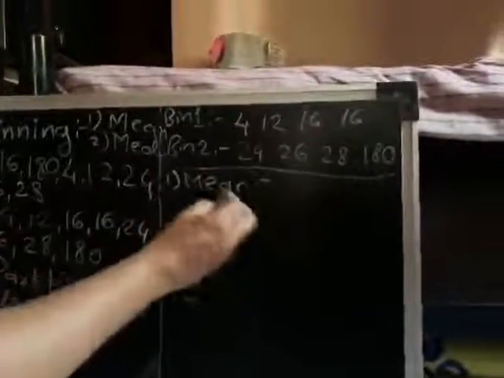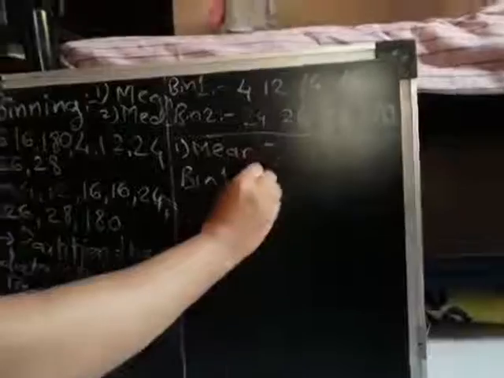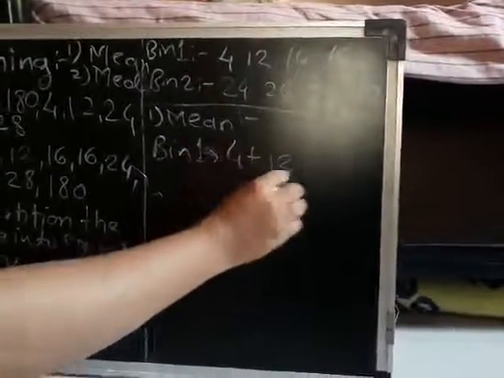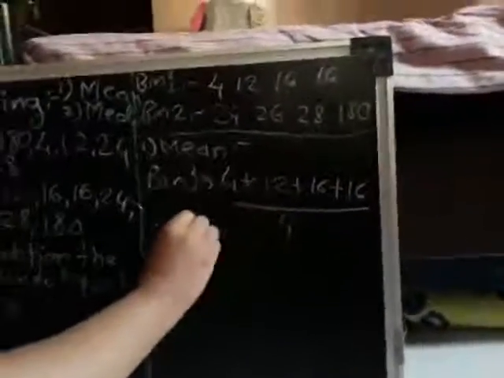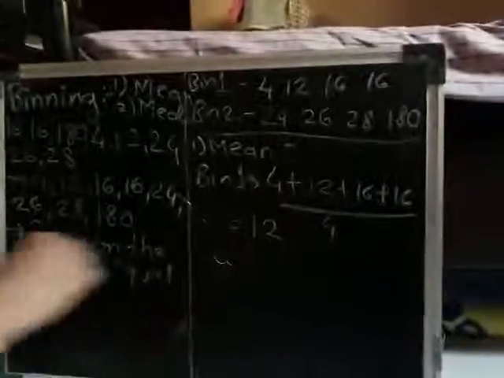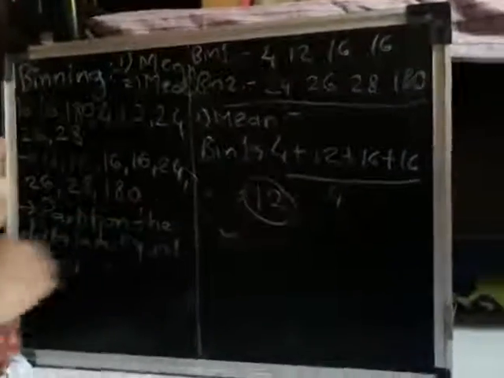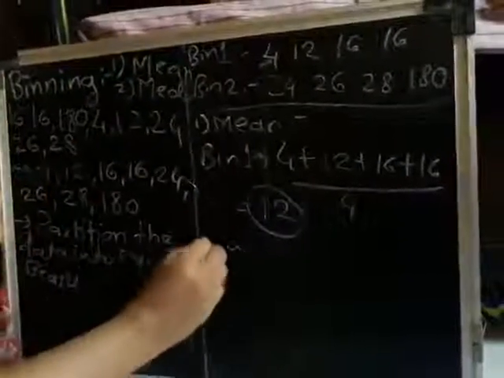Now see, in bin 1, 4 plus 12 plus 16 plus 16 divided by 4. So what will be the output? The total addition is 48, and 48 divided by 4 is 12. So my mean is 12. So replace all the values in bin 1 by this 12.